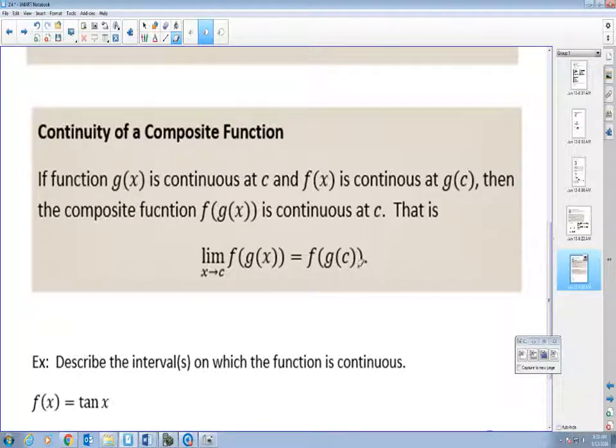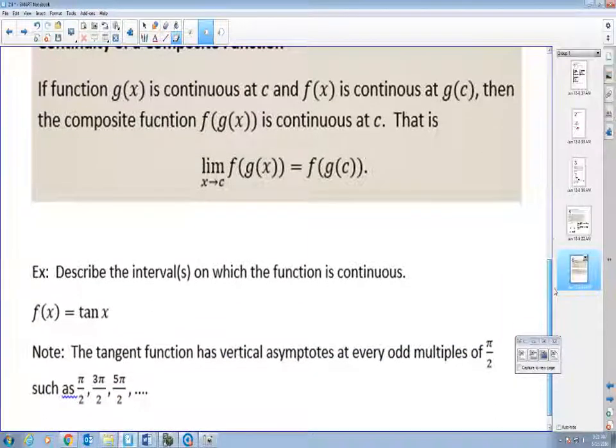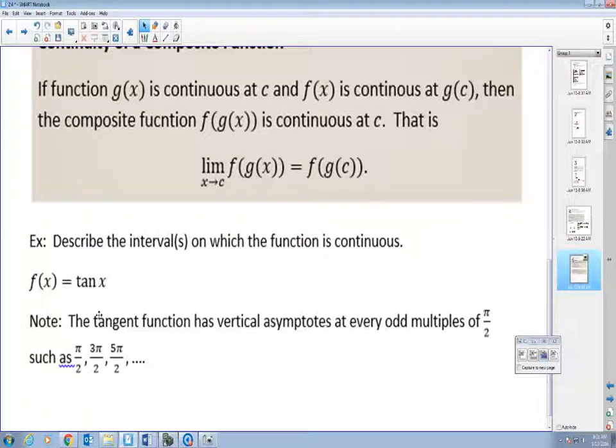That means I have to first figure out what g of c is. Then I can substitute into my function f. If that's also continuous at that point, then the composition of functions is also continuous. Just some of these theorems.